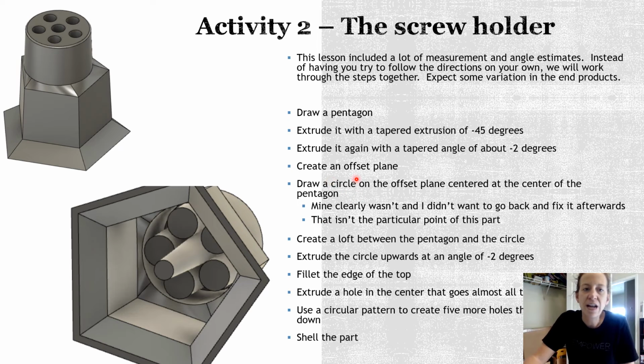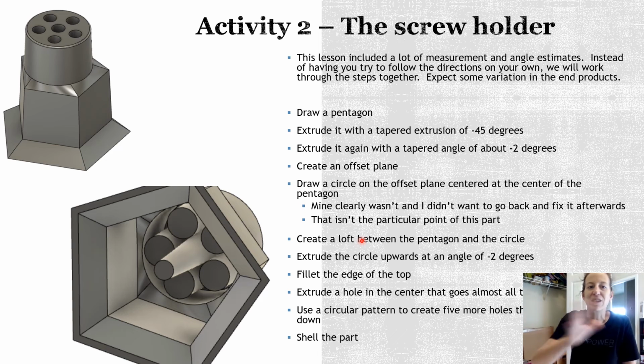Then we're going to create an offset plane centered at the pentagon, and this is my stuff from last year. Mine clearly wasn't right, so my circle is not centered over the pentagon the right way, and you can tell because it looks off center. And this is the honest truth. I didn't want to go back and fix it afterwards, and that isn't the particular point of this part.